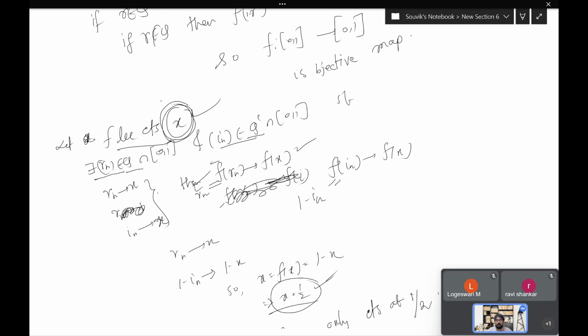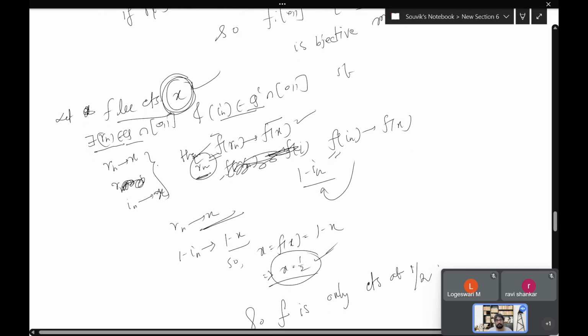Now f(r_n) equals r_n and f(i_n) equals 1 minus i_n because i_n is irrational. But r_n converges to x because of our choice, and 1 minus i_n converges to 1 minus x. So by the uniqueness of limits, x equals f(x) equals 1 minus x. So this gives x equal to half.